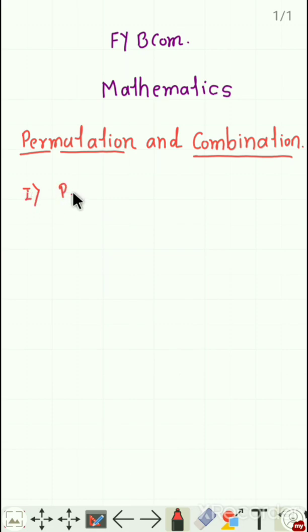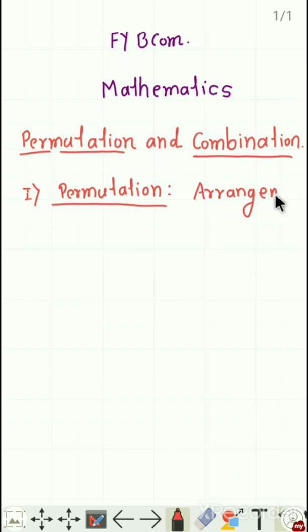Permutation. So basically the permutation means the arrangement. Permutation means arrangement.